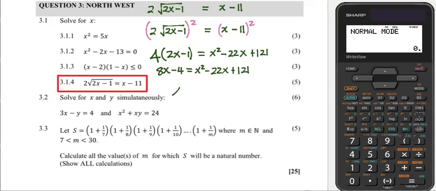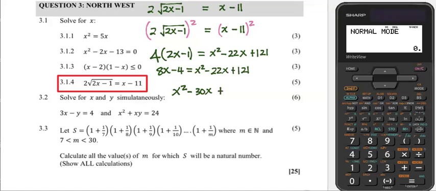So I'm going to write x squared. When 8x goes over this side, it's going to be minus. So in other words, I'm having negative 22 minus 8. That gives me negative 30x. Then when I take a negative 4 and bring it over, it becomes a plus.